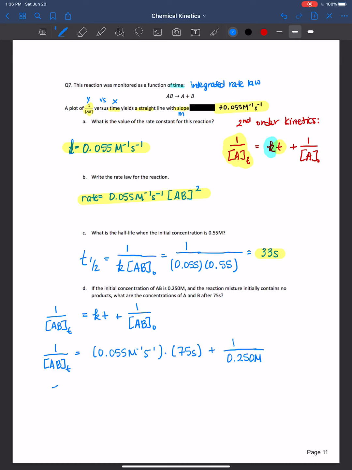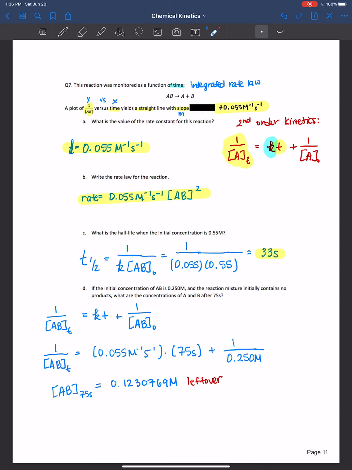And after I solve for the concentration of my reactant at 75 seconds, that is equal to 0.1230769 molar. And this is the concentration that's left over. It hasn't been consumed, right? Because remember, the integrated rate law tells us the concentration of our reactant after a specific amount of time has passed. So the concentration of my reactant at 75 seconds is 0.123 molar.